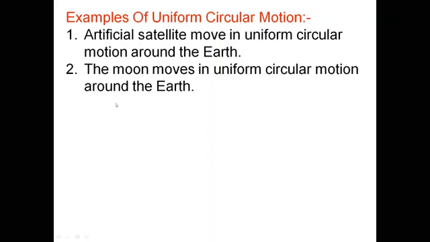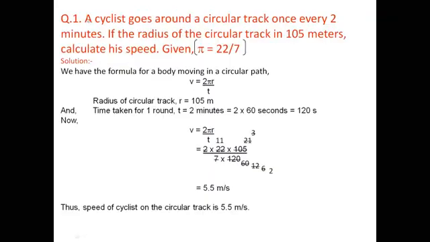Next is, let us see one numerical. So the question is, a cyclist goes around a circular track once every 2 minutes. If the radius of the circular track is 105 meters, calculate its speed.